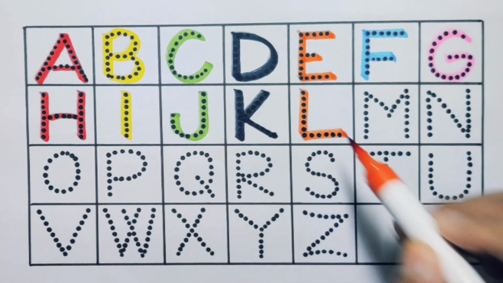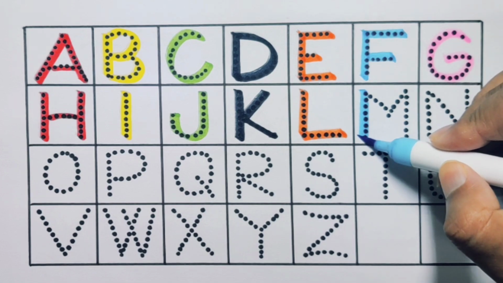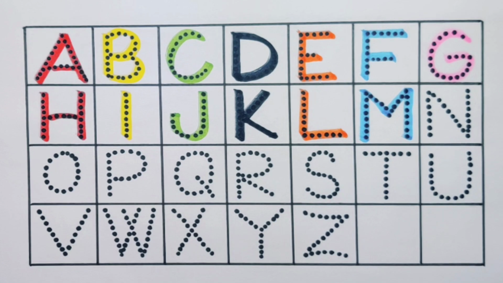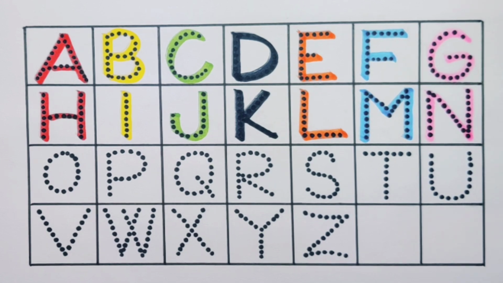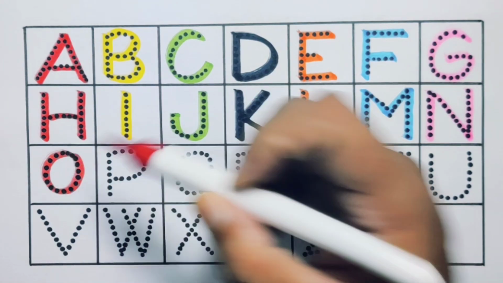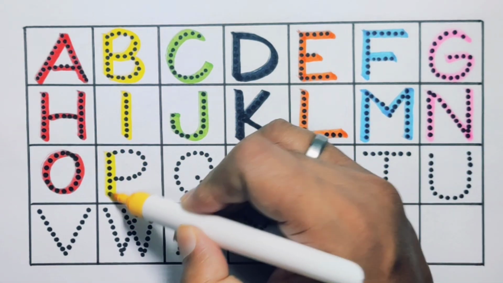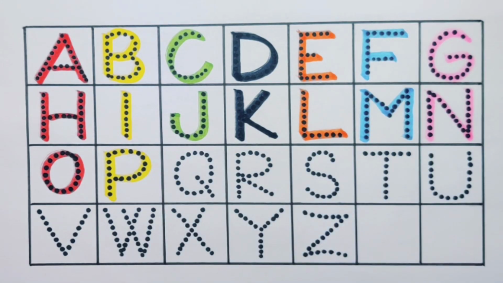L for light. M for moon. N for nuts. O for octopus. P for peacock.